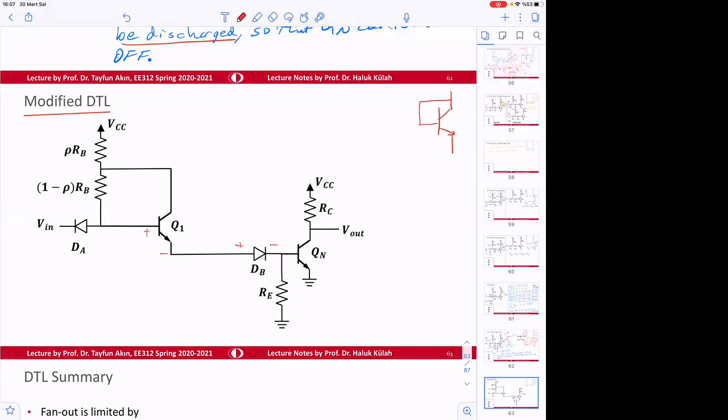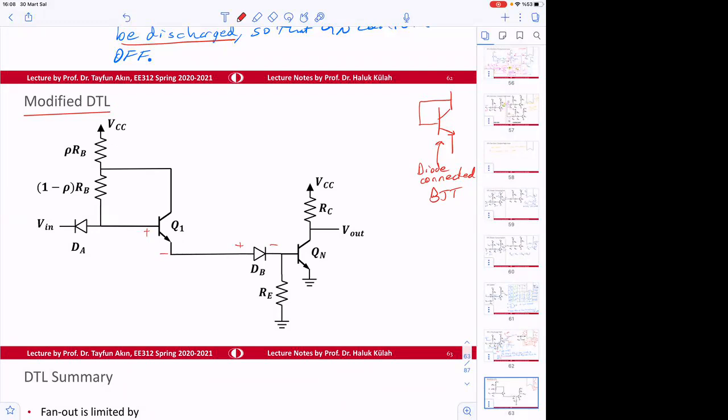So that's what you do. This is diode connected. Diode connected BJT. Okay, that's how you implement the diodes typically in BJT technology, in a bipolar process.